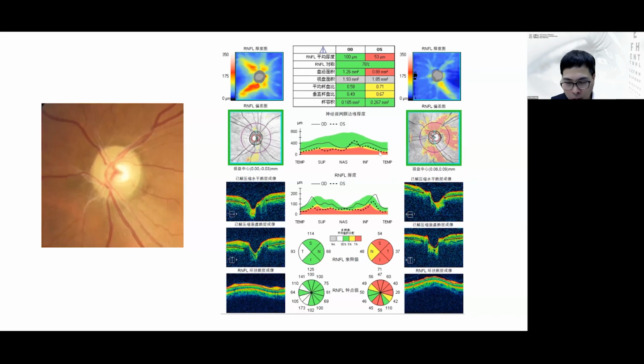There are a couple of questions asking what OCT instruments I would recommend. I would recommend any instrument that can provide you a topographic wide-field analysis of the retinal nerve fiber and GCIPL. There are many OCT models on the market. Some only show the circle scan.